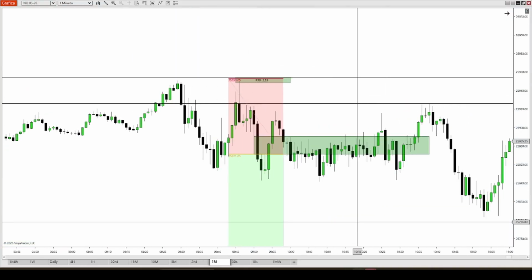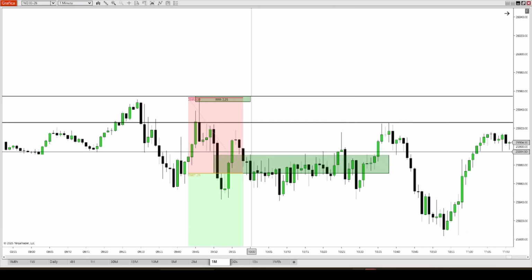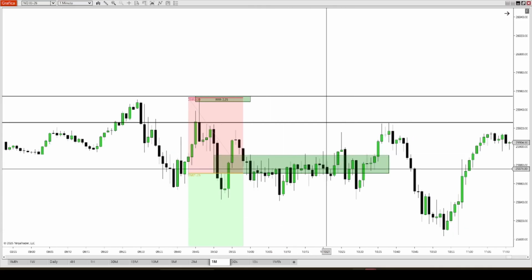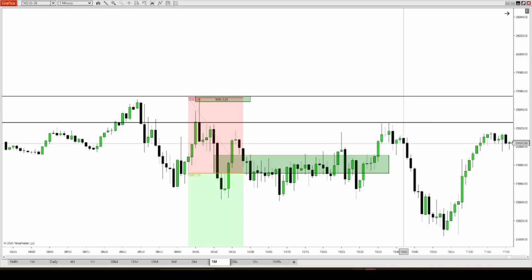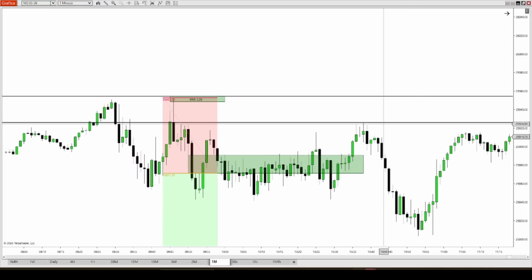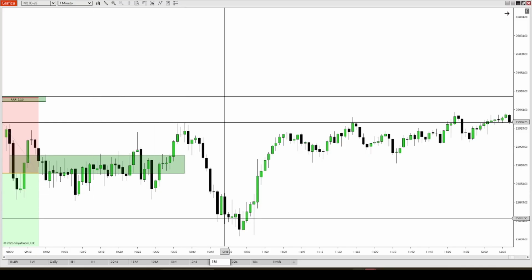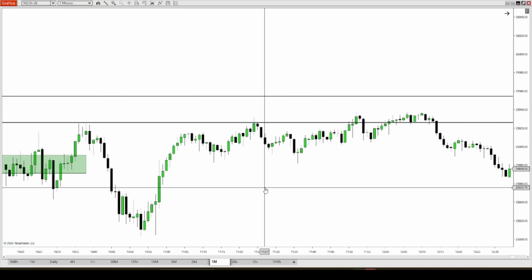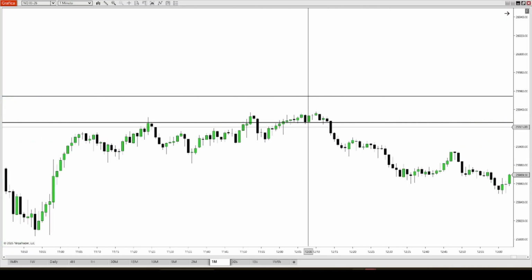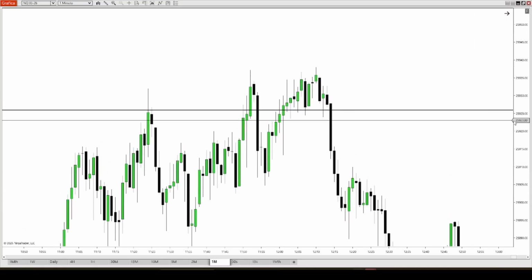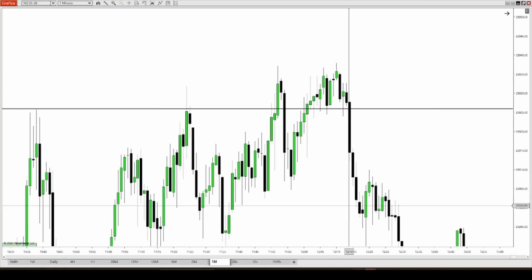So continuing the analysis, we see that price consolidates a while here, then price took this high, went, took these lows, took this high again, and what's this? I interpret this as another sell model, short.